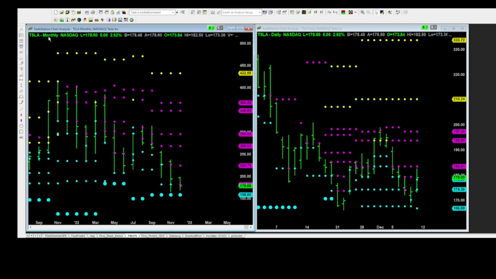So you see for this monthly chart, right now it's closed at around $178.5, and there's a red dot in this monthly chart, and this red dot is about $183. So it's another effective resistance.